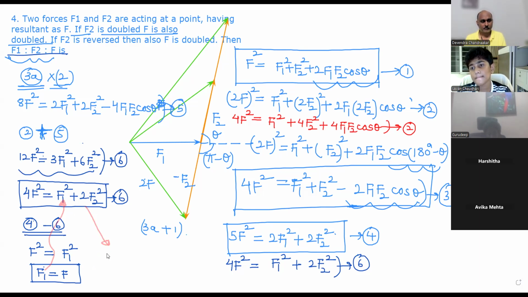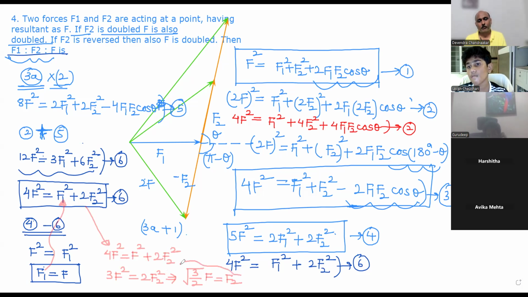We get 4f square is equal to f square plus 2f2 square. So this is 3f square is equal to 2f2 square. Or from here I get root 3 by 2 f is equal to f2.